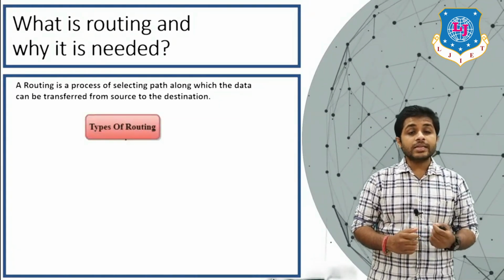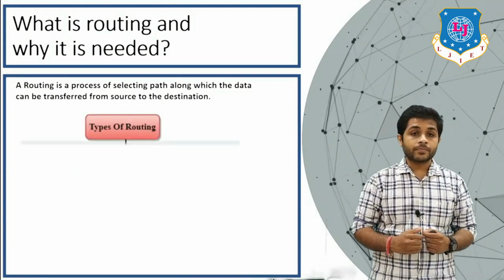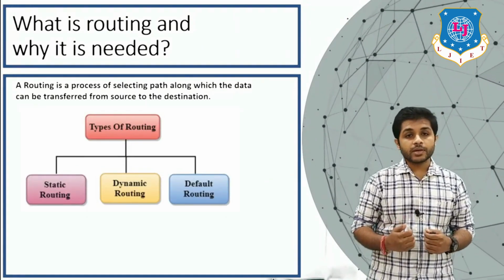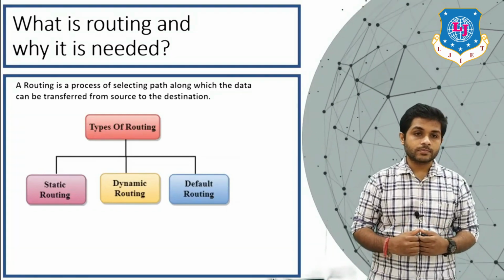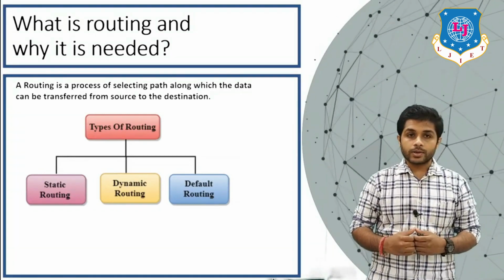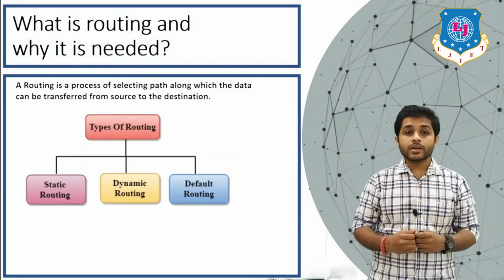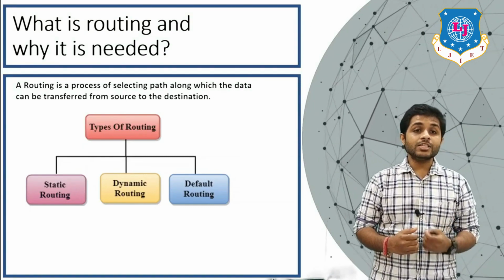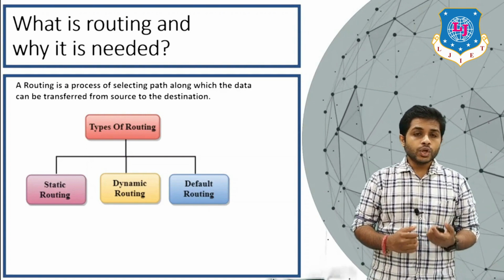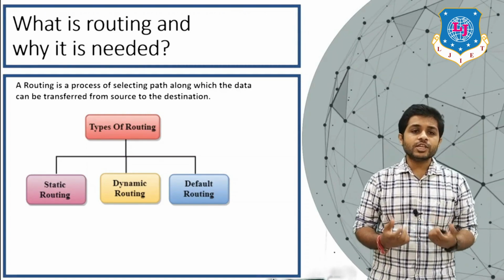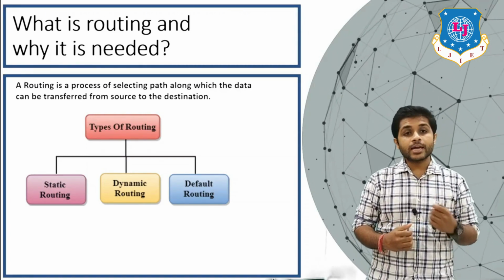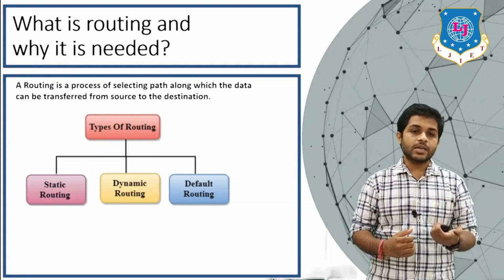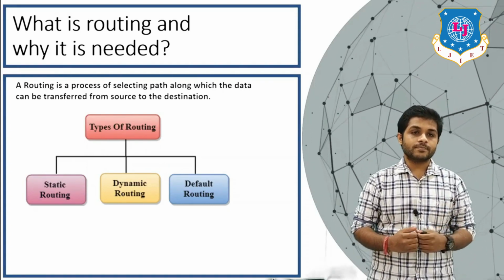There are three types of routing. The first one is static routing, then dynamic routing, and the default routing. Now what is static routing? In static routing, the entries in the routing table can only be changed manually. So whenever there is any change in the network, the administrator will change the entries in the routing table on his own.